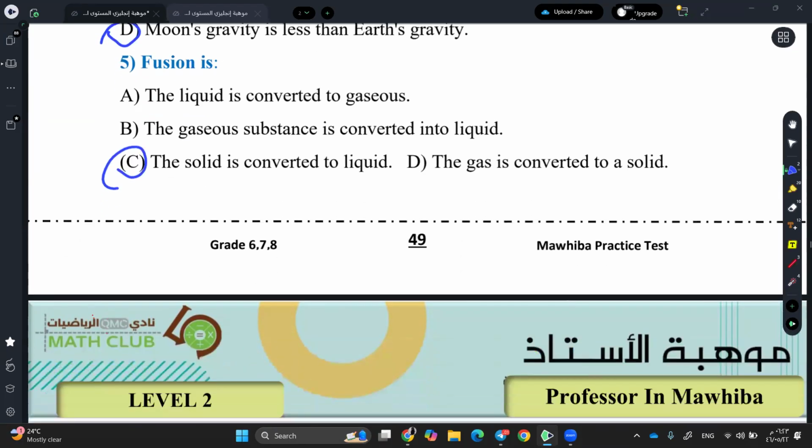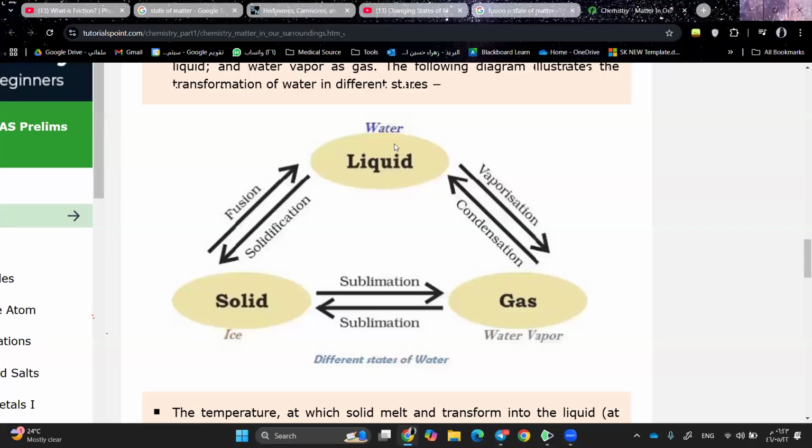Excellent. Okay, let me explain again. Here you have liquid, gas, and solid. The solid is like ice, liquid like water, gas like water vapor. So when the matter changes from solid to liquid, it will melt. This process is called fusion.